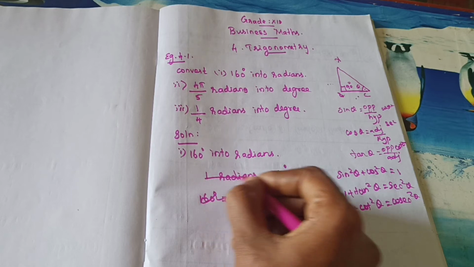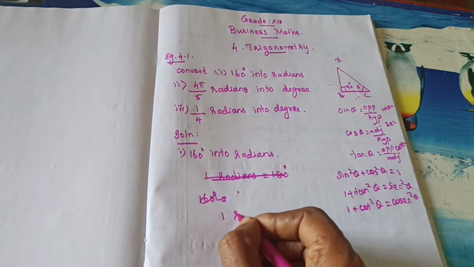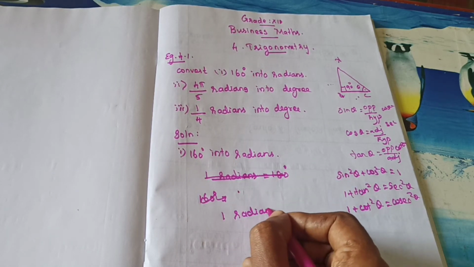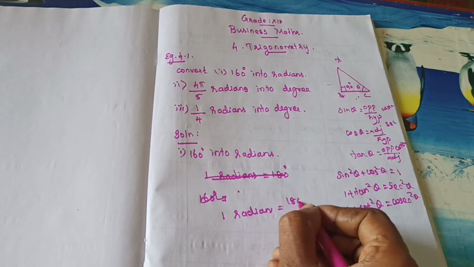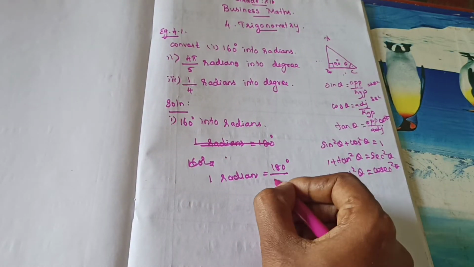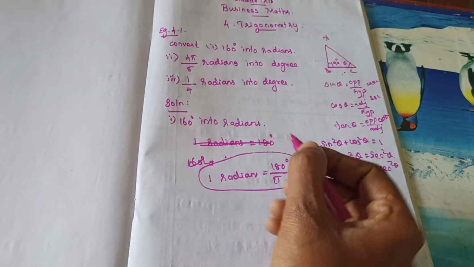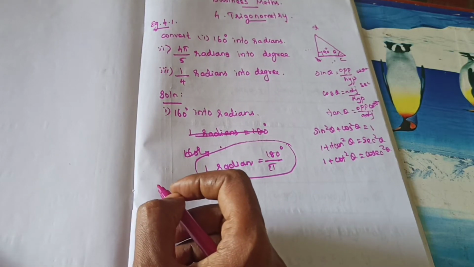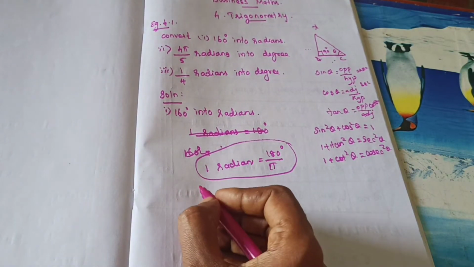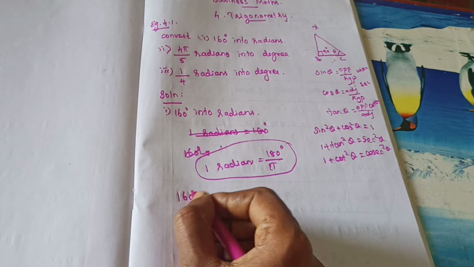Sorry, this is not 1 radian, it is pi radians equals 180 degrees. So 1 radian is equal to 180 degrees divided by pi. This is the formula, so now we can use this.